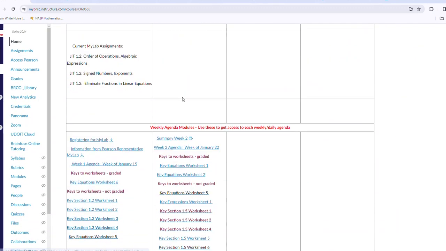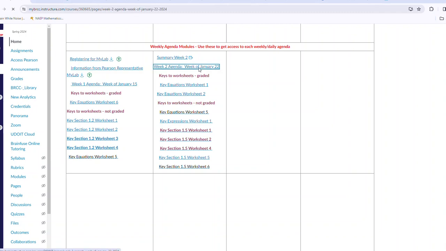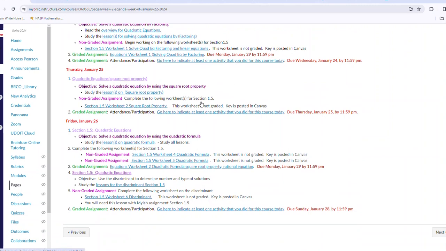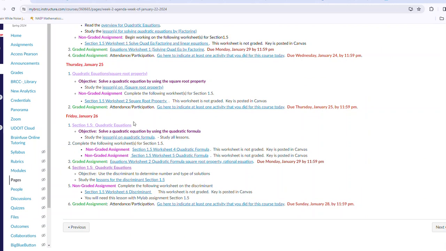MyLab. I'm not going to assign the quadratic equations yet because we're going to finish it next week. We haven't talked about quadratic equations tonight because we didn't have time, but the lessons are there. You have a non-graded worksheet here, two here, one here, so there's only one graded worksheet. Let me point to it.